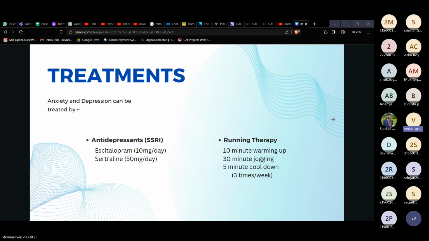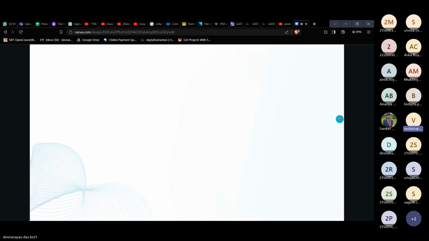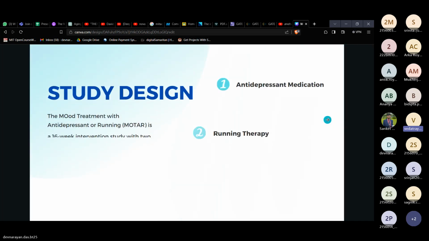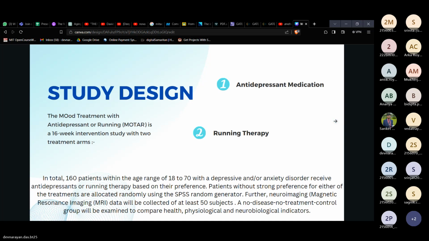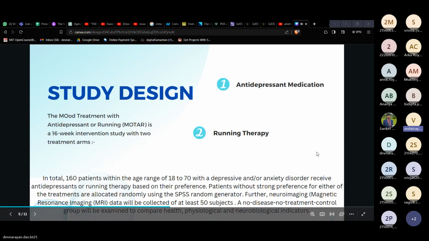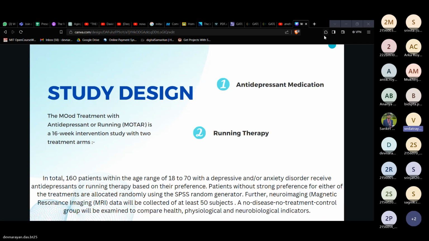Total 160 patients were chosen of an age range of 18 to 70. It was a 16-week intervention study. Patients were grouped by an SPSS random generator into two groups. One group underwent running therapy and another group underwent antidepressant therapy. 50 patients were subjected to MRI, 25 patients from each group.